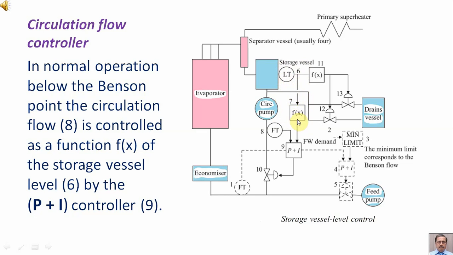So 7 is the function block generator. So the level transmitter signal goes through the function generator, and the function generator is determining the set point for this circulation flow controller. So the set point and the flow signal are being compared here, and this P plus I controller is controlling the circulation flow.